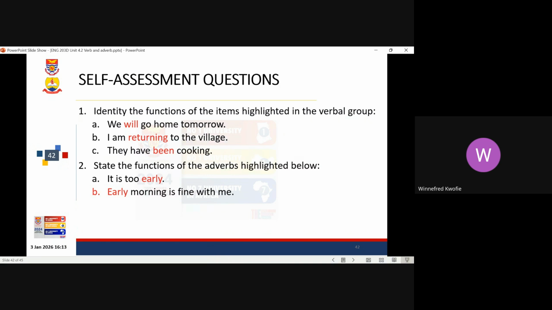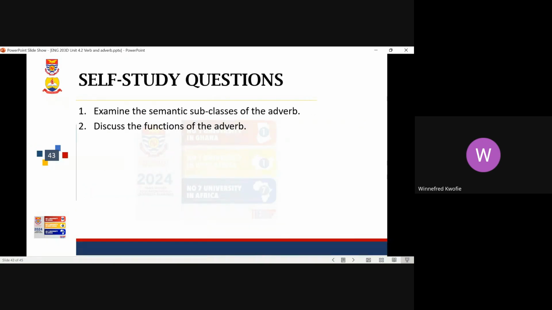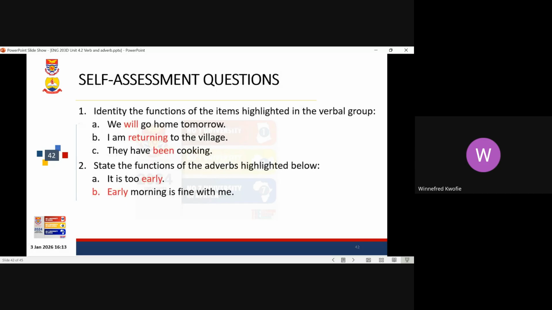I also ask you to look through the self-assessment questions. Please try to answer them. They are likely examination questions. Where we have challenges, we can look at them next week when we are done with lesson 6.